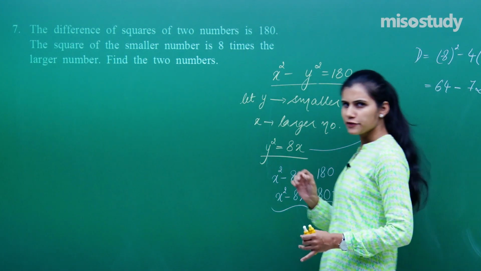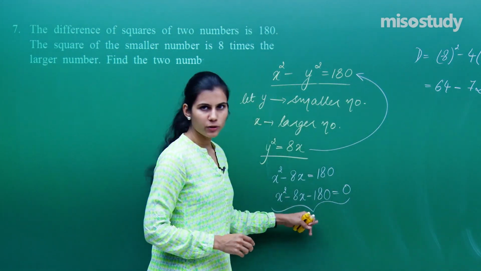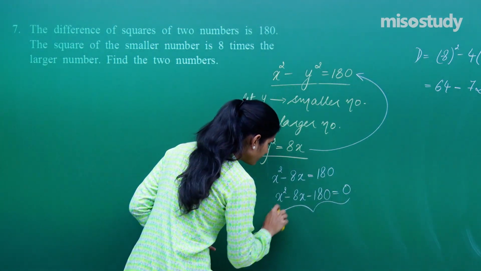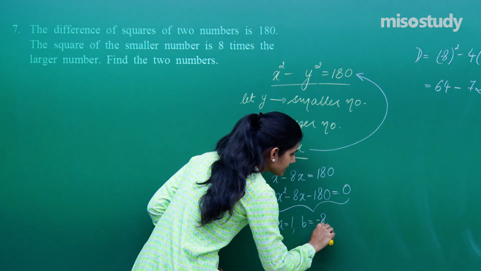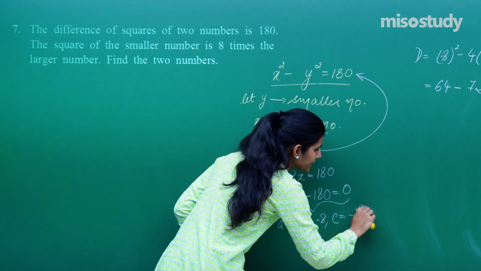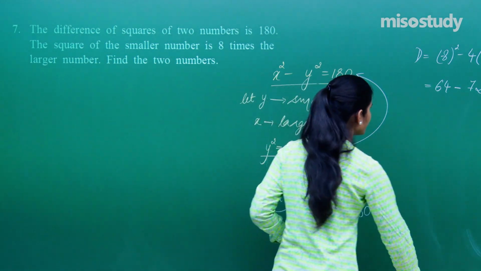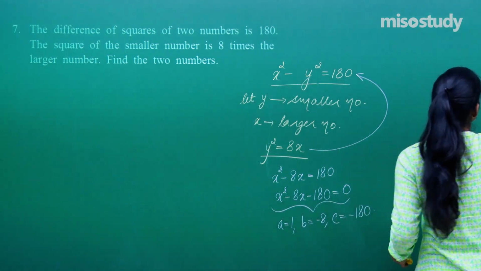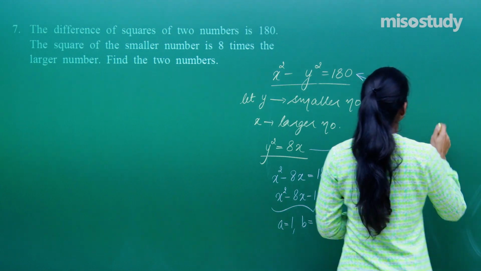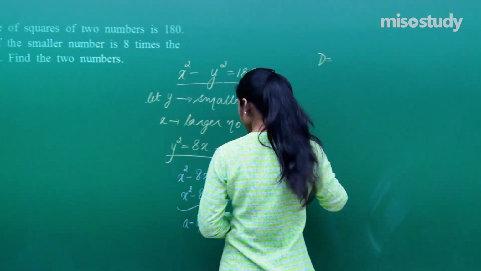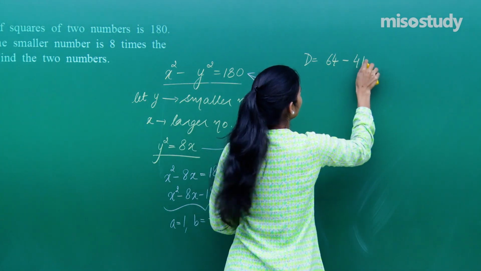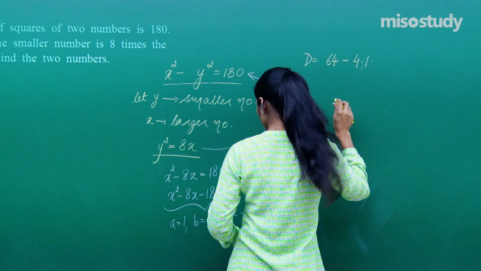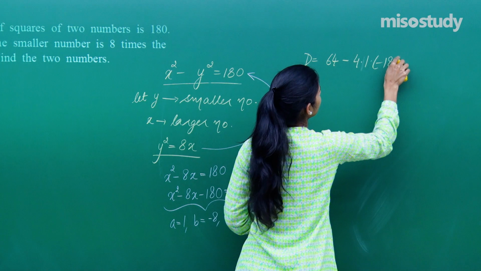So over here, as you were trying to solve this quadratic equation, please mind it, this is a very frequently committed mistake. A over here is 1, b is minus 8 and c is minus 180. So obviously when I am trying to calculate the discriminant, what do I get? The discriminant is b square minus 4 into a into c, that is again minus 180.